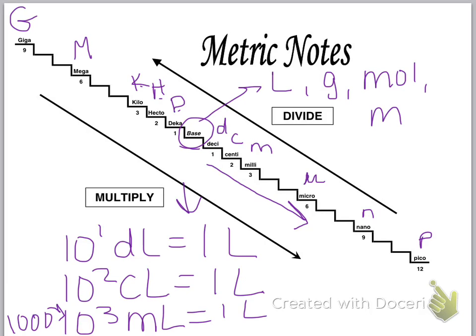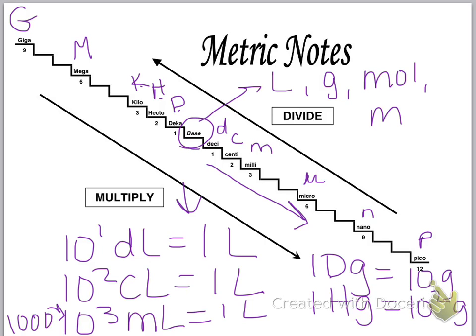So that's going down. What about going up? It's the opposite. You put the number with the base unit. So 1 deca, we'll switch over to grams. 1 decagram equals 10 grams. 1 hectogram equals 10 to the 2nd grams. 1 kilogram equals 10 to the 3rd grams.